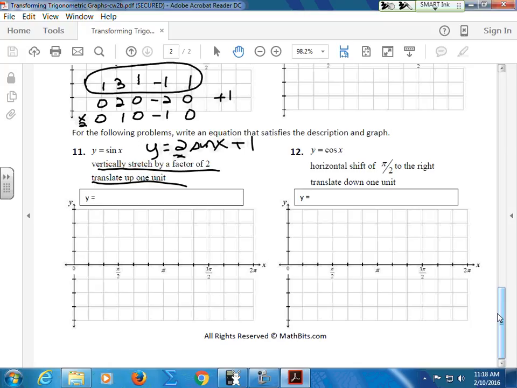My period didn't change. I didn't put it anywhere else. So I start 0, I graph 1. At the 90, I graph 3. Then I'm 1, then I'm -1, then I'm 1. So here's my sine curve.